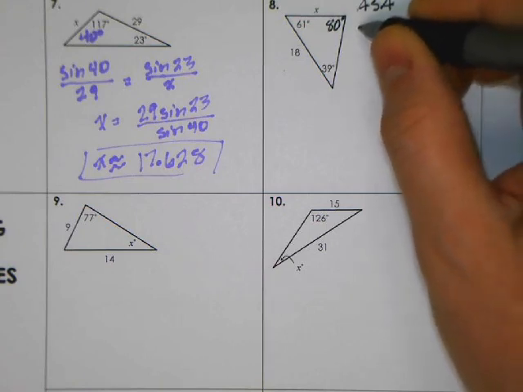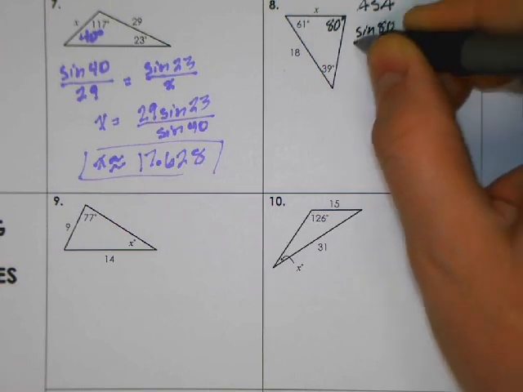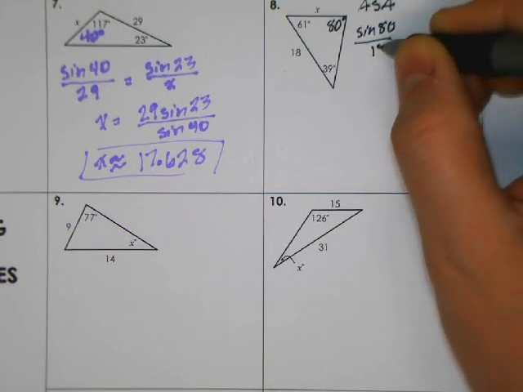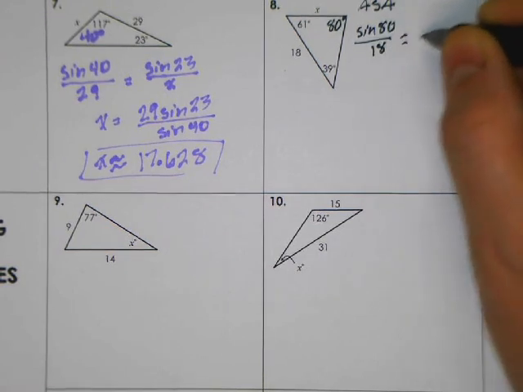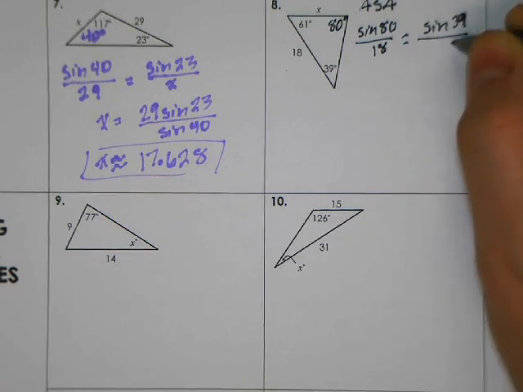So here I'm going to say sine of 80 divided by the side opposite of it, 18, will be equal to the sine of 39 divided by x.